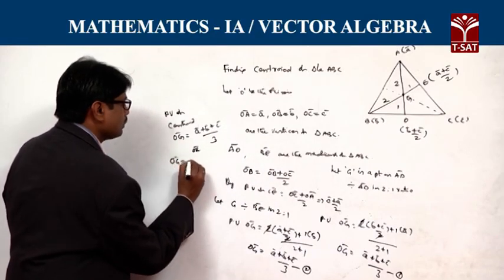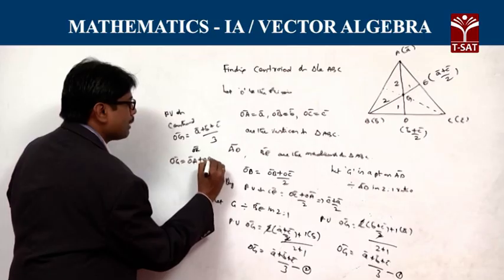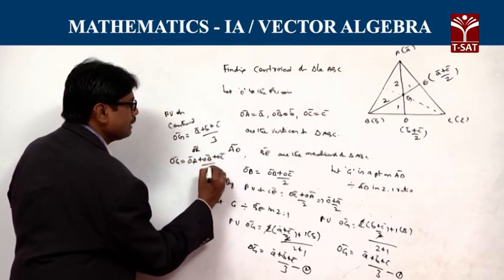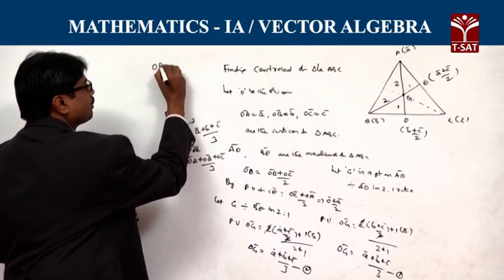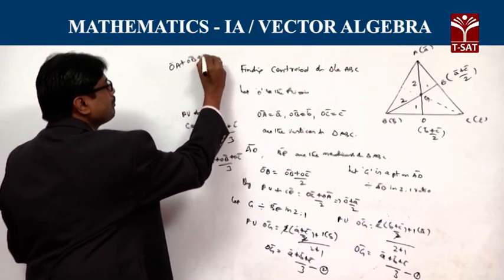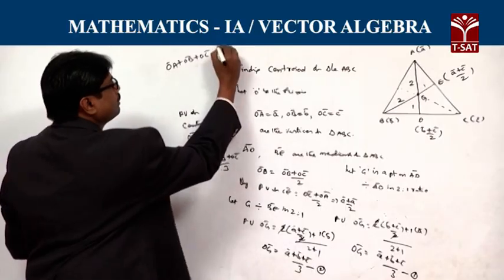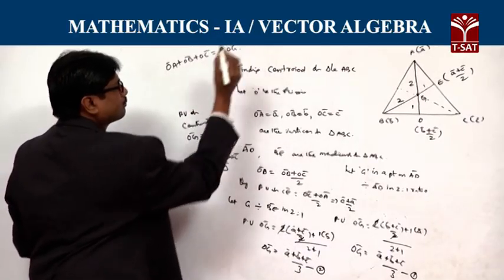OG bar is equal to OA bar plus OB bar plus OC bar divided by 3. So, the sum of the vertices' position vectors OA bar plus OB bar plus OC bar is equal to 3 times OG bar.